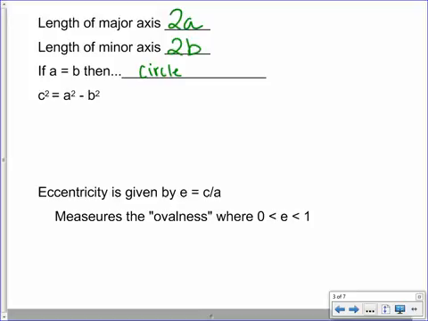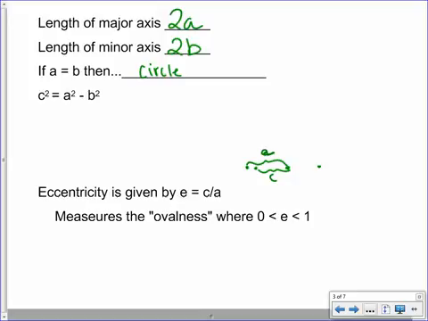Okay, so if we're taking C divided by A, that means that C is very close to the same length as A. Does that make sense? Right. Well, that A just looks like a C.